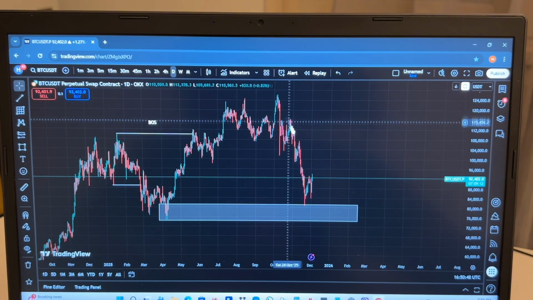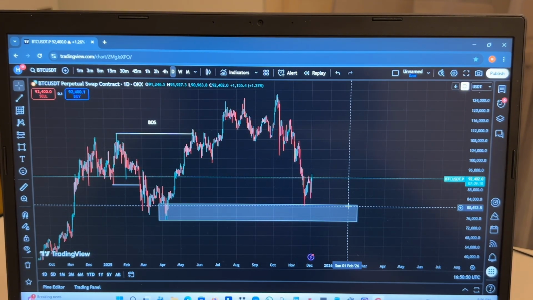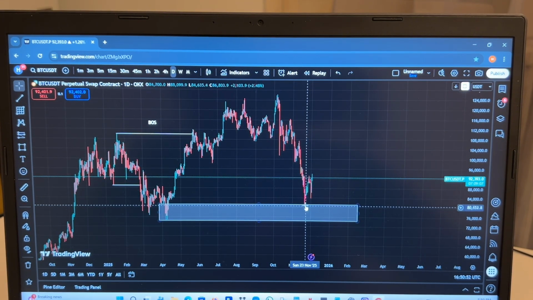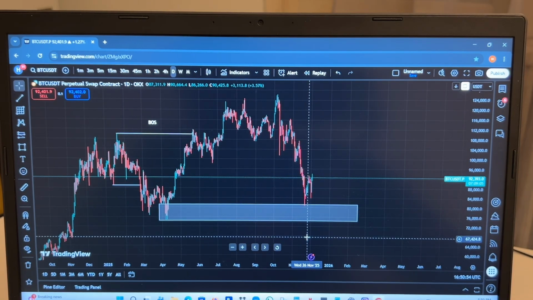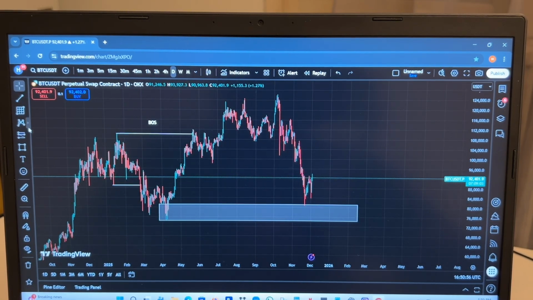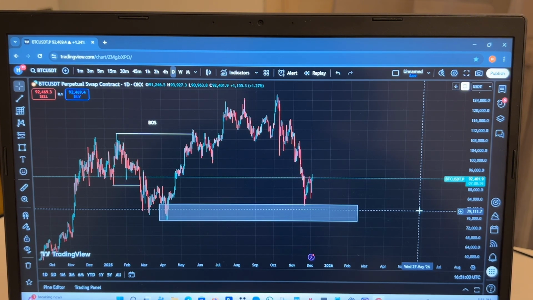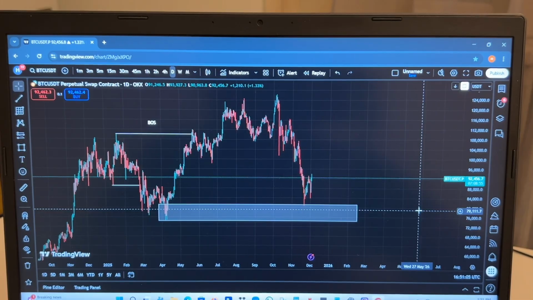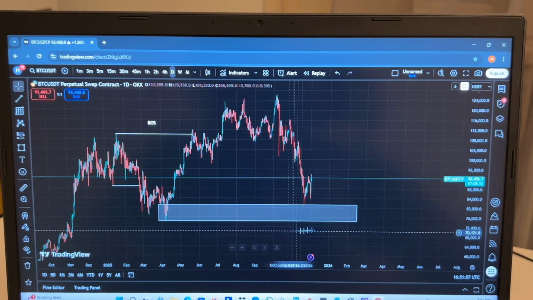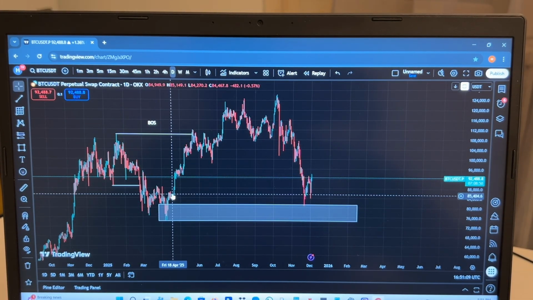The market came back down, gave that slight tap of a wick to that order block, and right now it's trying to push up. That's a good example of a BOS order block. This is the order block, the lowest point of that BOS.